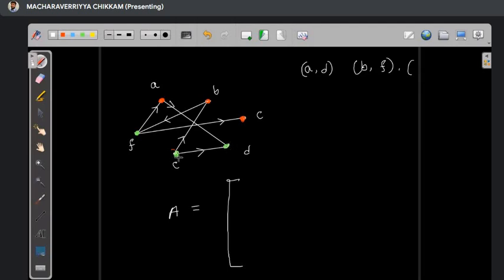Starting at E, yeah, EB is there, and ED is also there. And how about F? F, A, and FC is also there.